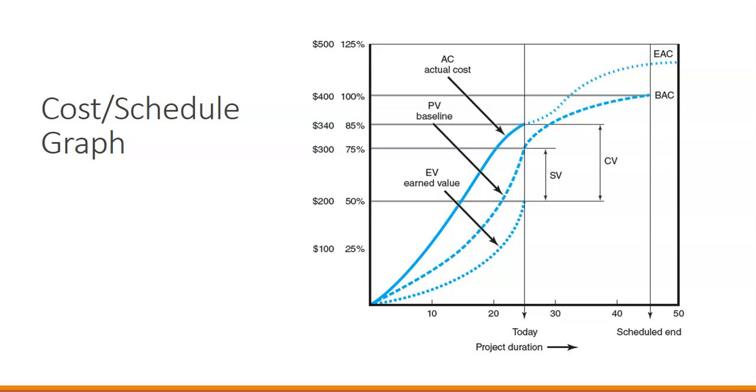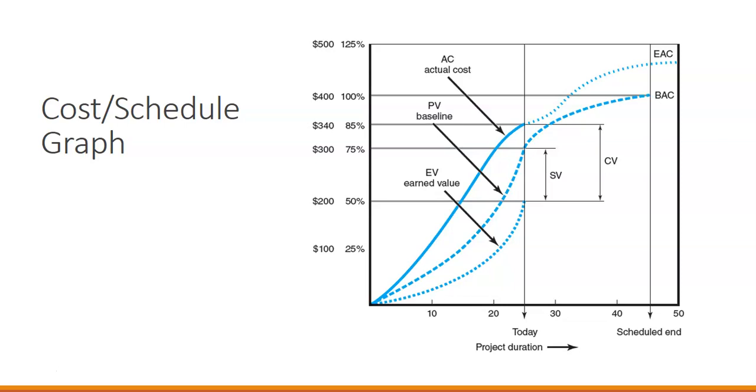Our actual cost is 85% of our total cost. So our actual cost is $340, where we should have been for our baseline is just over 50% of our cost. And our earned value right now is at 50%.